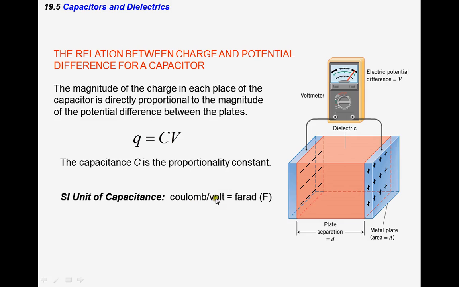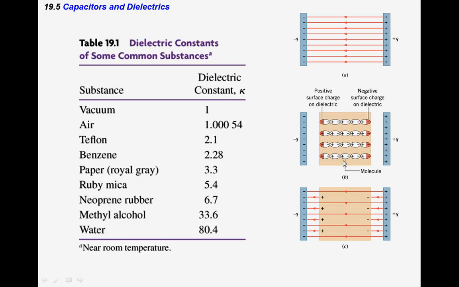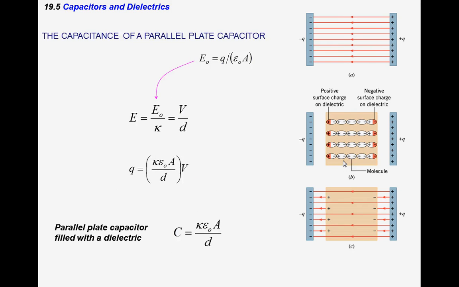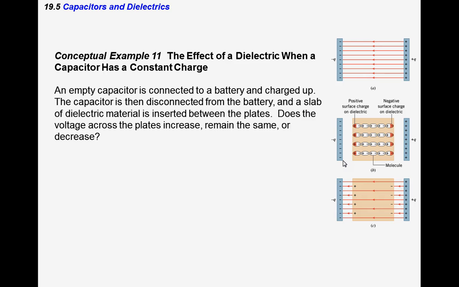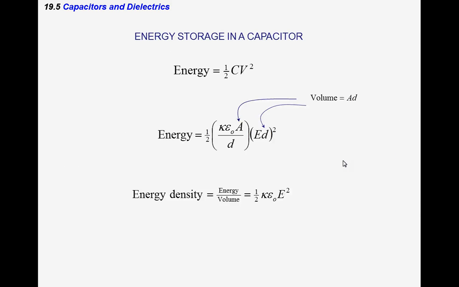So if I take a 1.5 volt battery and I have a certain capacitance capacitor, there's a certain amount of charge that I'll be able to store in that situation. Now, if we were going to design capacitors, we'd be worried about this dielectric constant that we put in place between the two plates of the capacitor. We're not going to design capacitors ourselves. What we want to talk about then is in a capacitor, how much energy can you store?